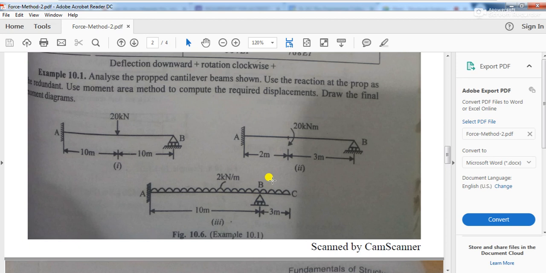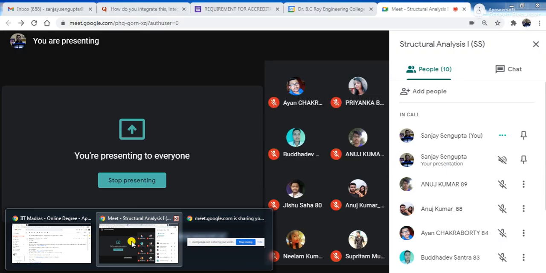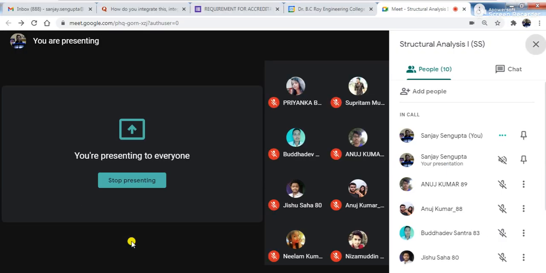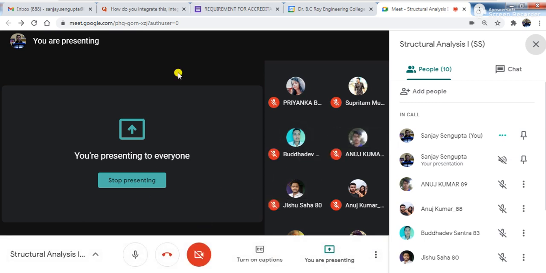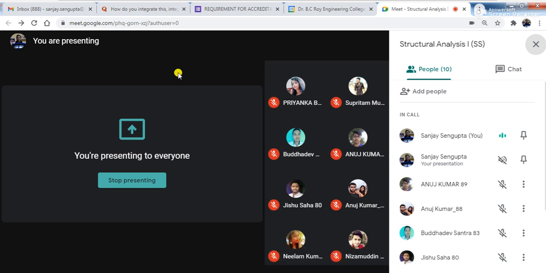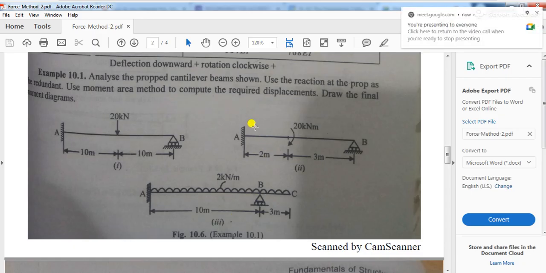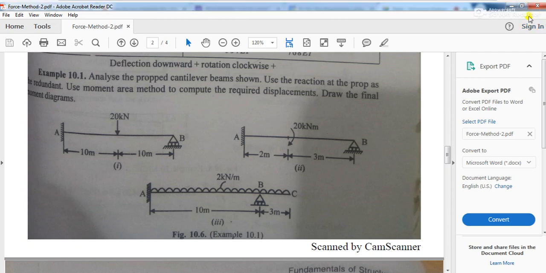If a structure is single degree indeterminate, then how many redundants will you have? A single degree indeterminate structure will have a single redundant. I am repeatedly telling you that indeterminacy means the number of redundants, so the number of redundants will be equal to the degree of indeterminacy.